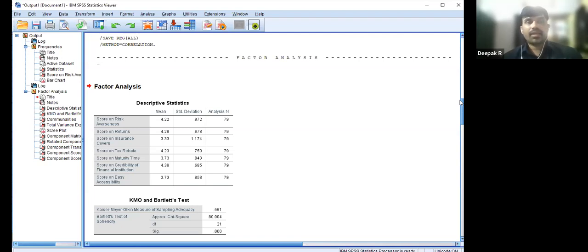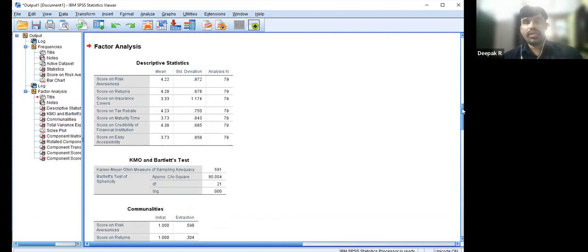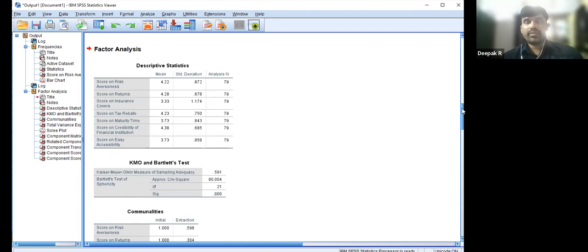If that is the case, first and foremost I can go for principal component analysis or factor analysis, and further use various other statistical tools and techniques later on once I have done the factor analysis.